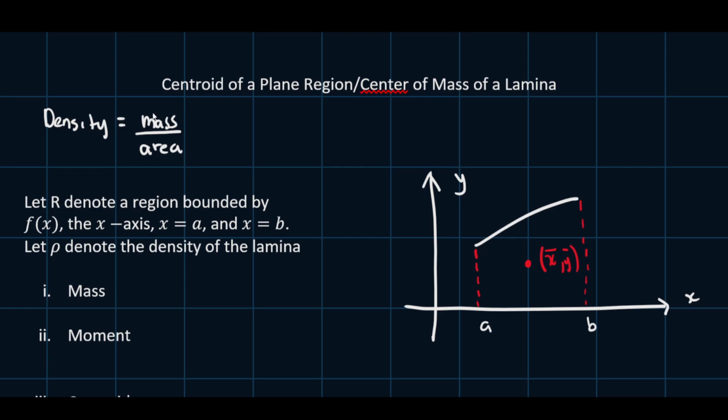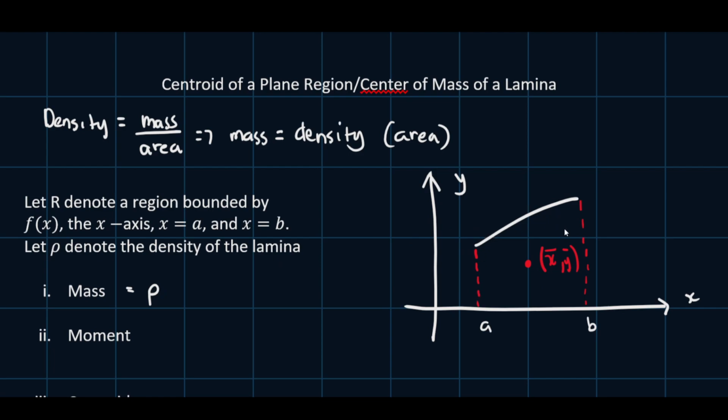Okay? So if we manipulate this relationship or this equation, we can actually get that the mass is equal to the density times the area. Or sa context natin ng plane region na to, yung ating mass is equal to the density, which is rho, times the area of this region.